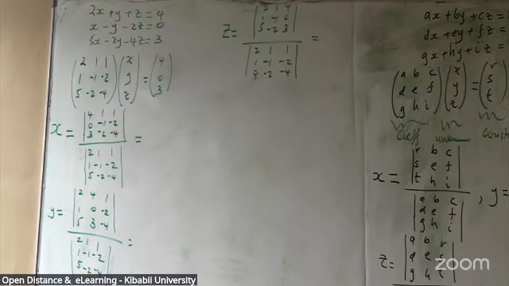X is -3, Y is 3, Z is -1. Why are you getting different answers?